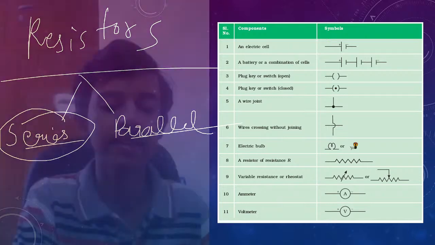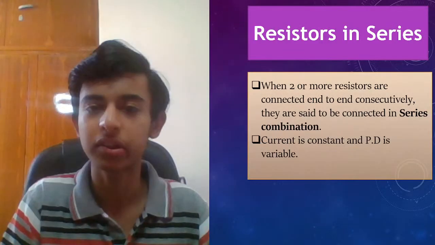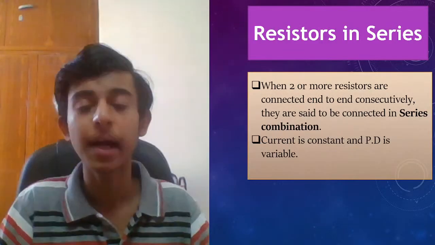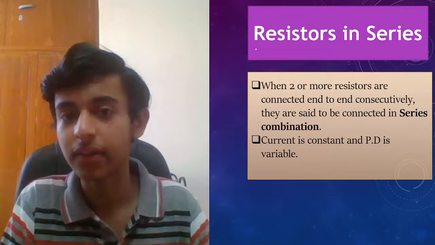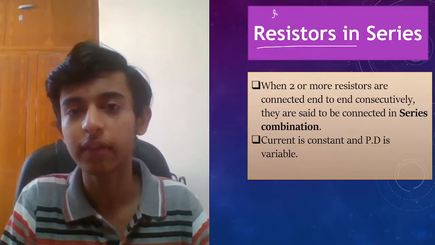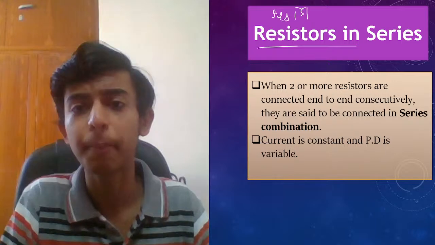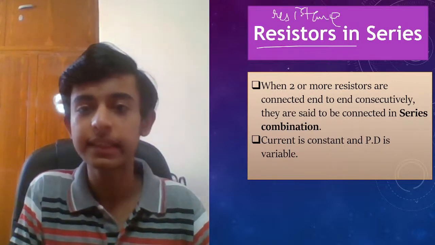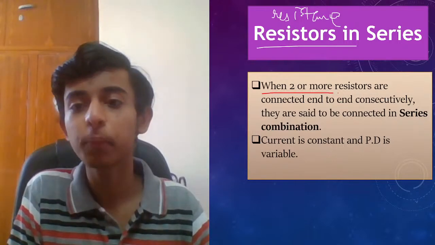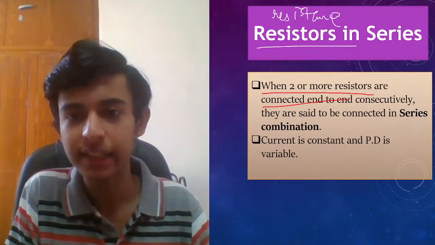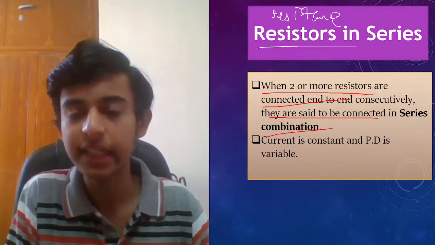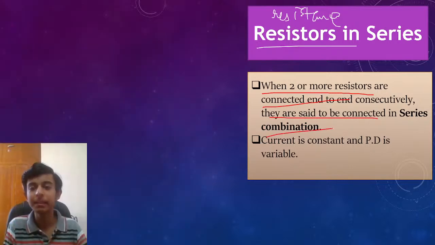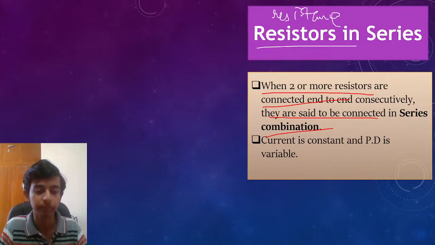Let's understand that. Whenever we are combining resistors in series, a resistor is going to give you resistance, which opposes the flow of current, as we've already discussed. When two or more resistors are connected end to end consecutively, they are said to be in series combination. What do I mean by end to end connection?